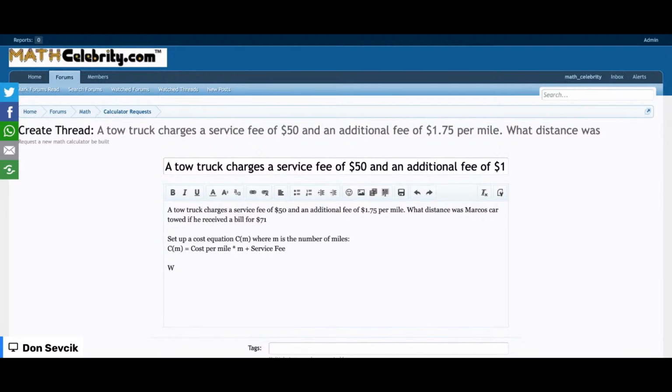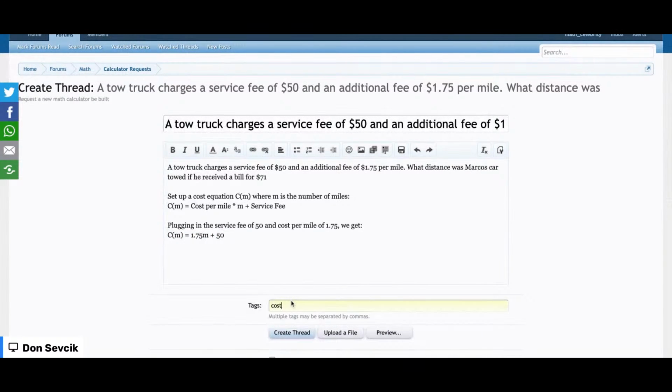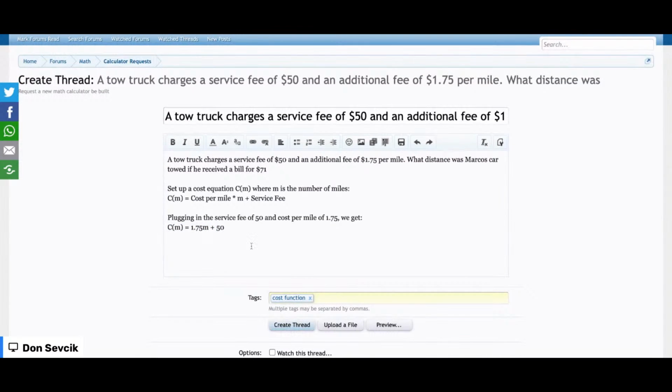Now, plugging in the service fee of 50 and cost per mile of 1.75, we get C of M equals 1.75M plus 50. This is our cost equation or cost function. They're called similar names.